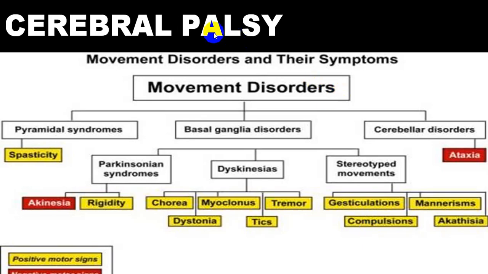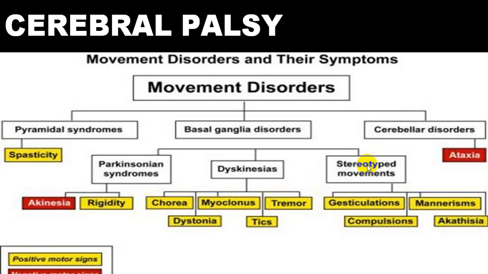So, movement disorders in pyramidal tract, spasticity; basal ganglia, Parkinson syndrome or dyskinesia or stereotype movement. In case of Parkinsonism, akinesia with rigidity. In case of a dyskinetic movement, choreiform movement, dystonia, myoclonus, tremors or tics may be present.